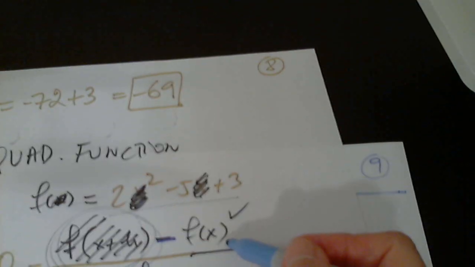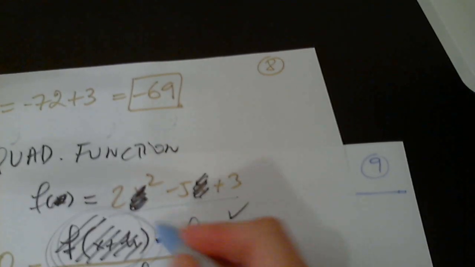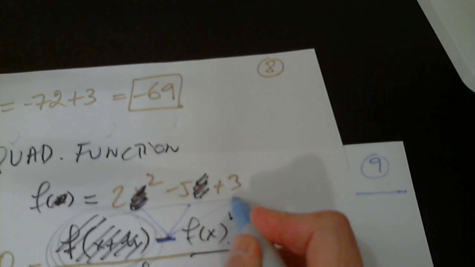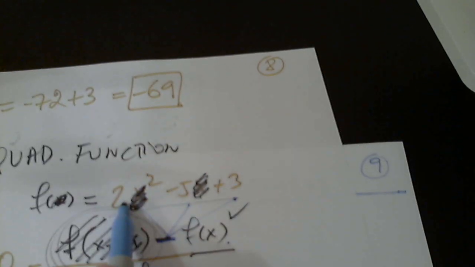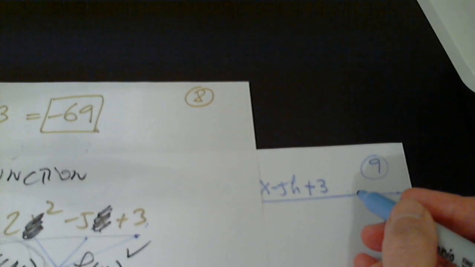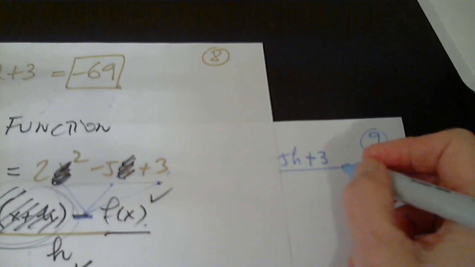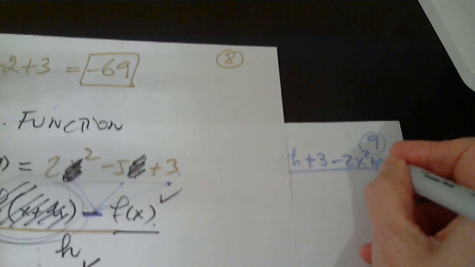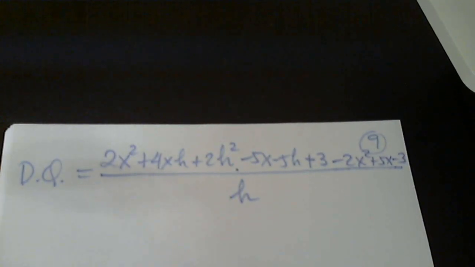So I reach this point where I have to distribute a negative sign to all these three terms. This, this, and this. And have to write it here. Can anyone help? Negative 2x squared plus 5x minus 3. Very good. Remember, at this point, all terms without h must go away.